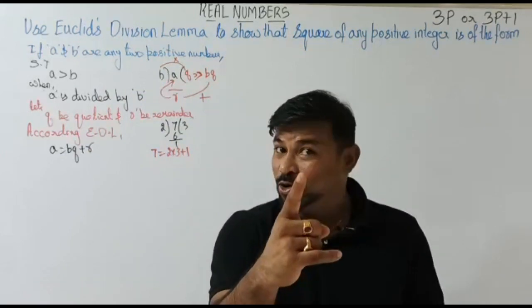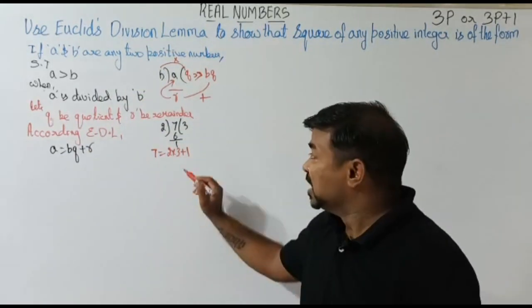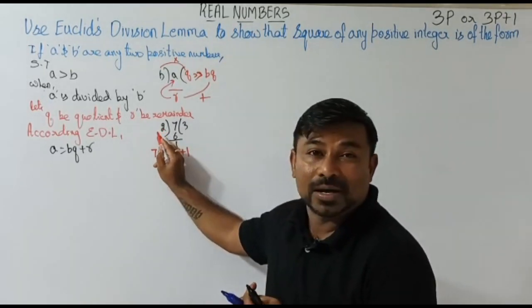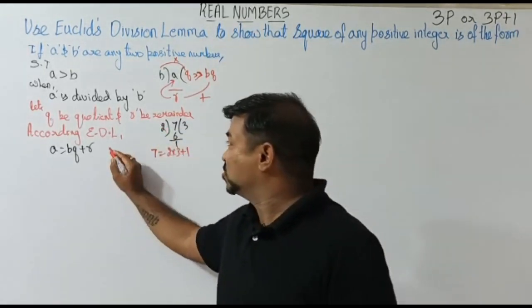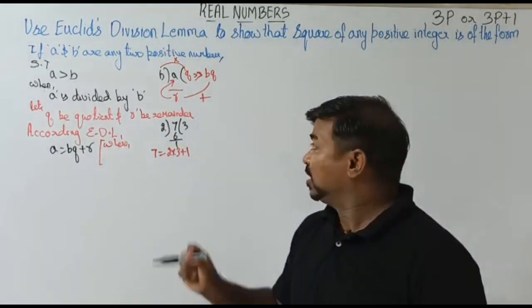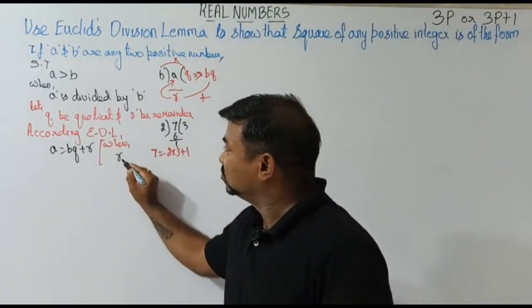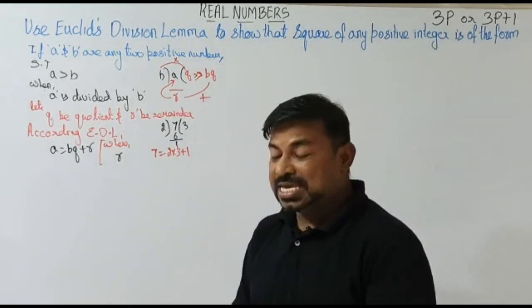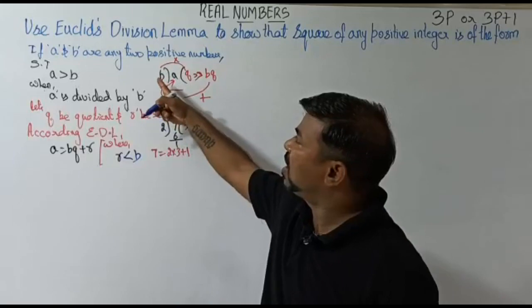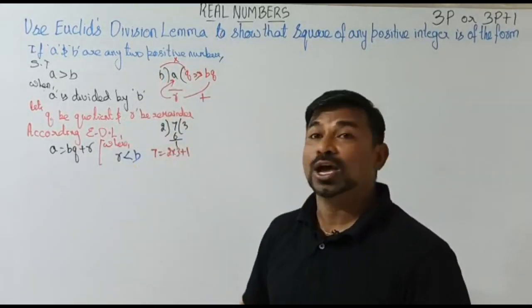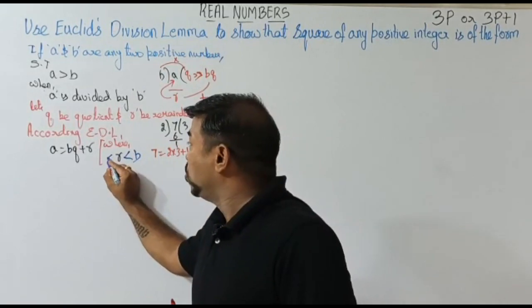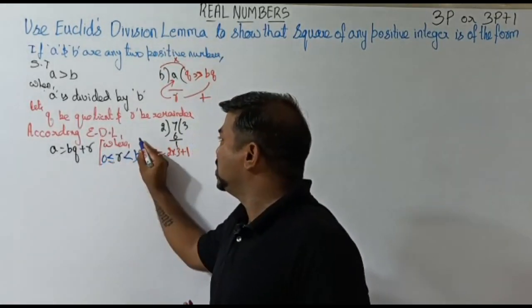But he said one more thing. The remainder, whatever we are getting, is always less than the number which is dividing. That is, the remainder R is always less than B. And one more thing he said, the remainder will always be greater than or equal to 0.